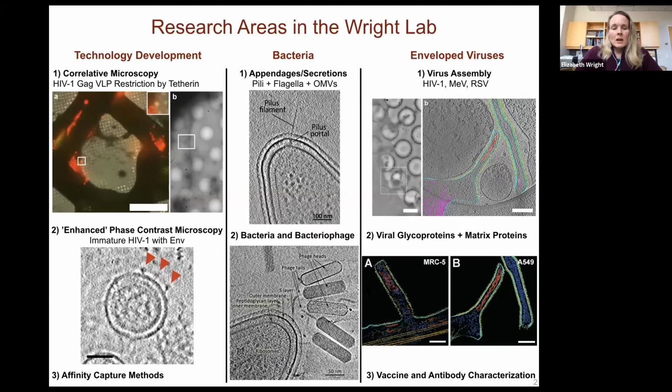We've been working on phase plates for a number of years to enhance contrast in the electron microscope. And we also use affinity capture methods to help us adhere particles of interest to grids. And so with using these technologies, we are investigating a lot of different structures in bacteria, and in the case of today's talk, looking at envelope viruses and their structures.